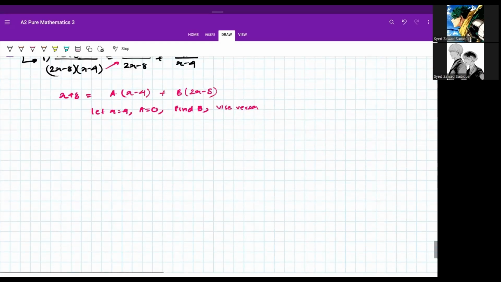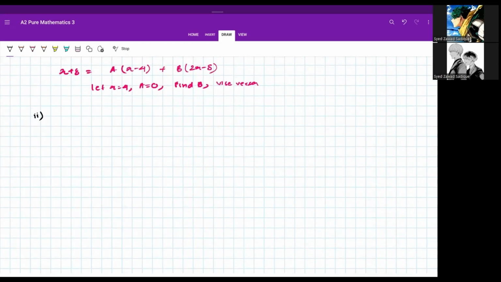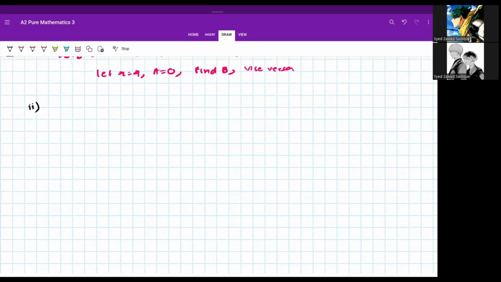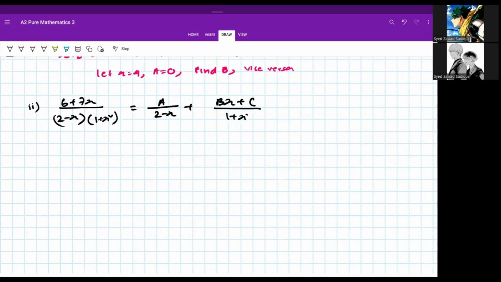The other two methods are if the fraction is in the format (6 + 7x)/((2 − x)(1 + x²)), which equals A/(2 − x) plus (Bx + C)/(1 + x²).